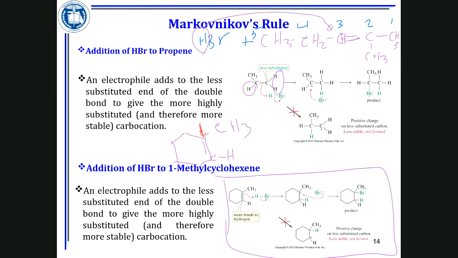I put the H in parentheses so you don't read it as OH, even though there's voice, but still I don't want to confuse you. So there's 1 hydrogen for this carbon, 1H, 0H, 1H. So hydrogen is going to add to the carbon with the greater number of hydrogens, and Br will add to the other carbon, and that's why you get your major product.